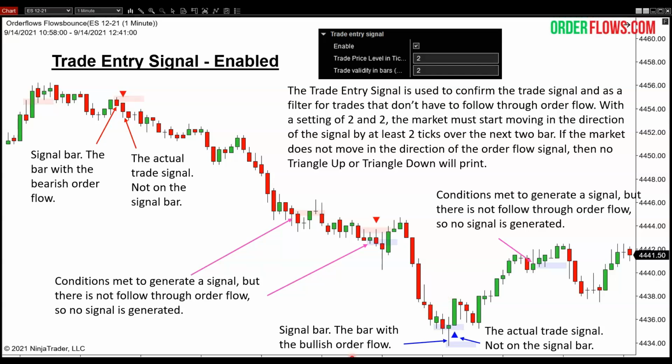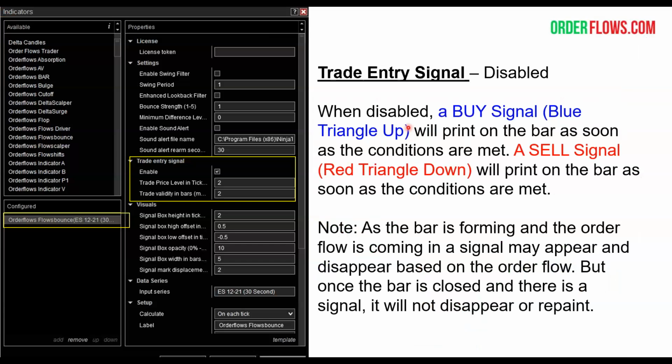So just, again, really quick, if it's disabled, sorry, let me start over. When you disable the trade entry signal, so if you uncheck the box where it says enable, then every time you have conditions met in a bar, it will print the blue triangle up for a buy, or a red triangle down for a sell.